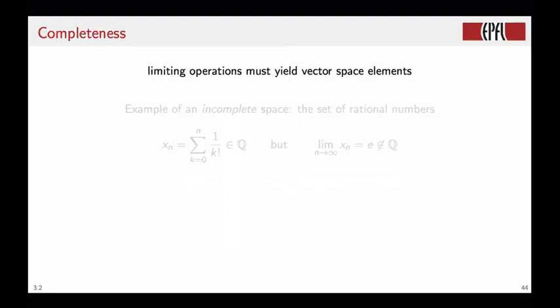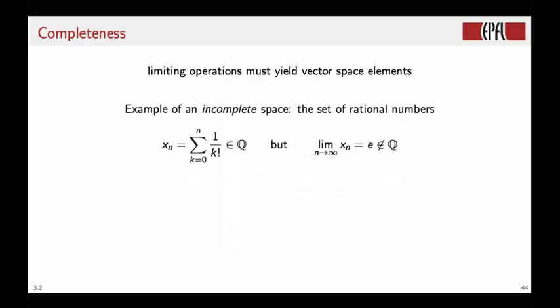Now there is one ingredient which is slightly technical that is still missing so that we get Hilbert spaces. It's so-called completeness. The reason we need this is that when we take limits, we would like to make sure that the limit of a sequence of vectors is still in the vector space. To show you why this is a requirement, we can give some intuition by showing an incomplete space.